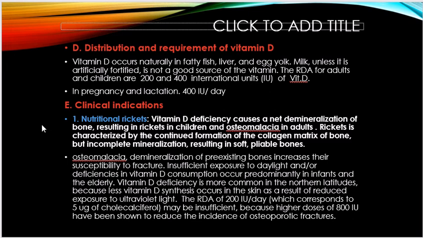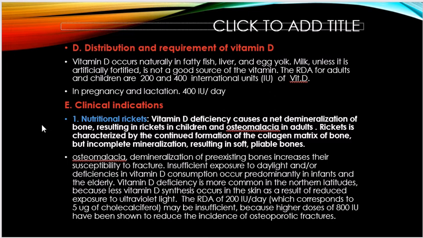Rickets is characterized by continued formation of a collagen matrix of bone, but incomplete mineralization resulting in soft, pliable bones. On the other hand, osteomalacia is a demineralization of pre-existing bones, which increases their susceptibility to fracture.